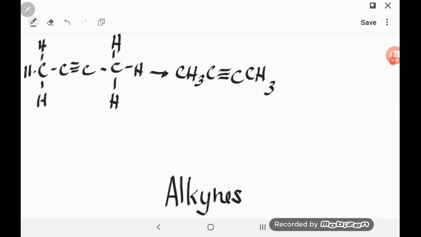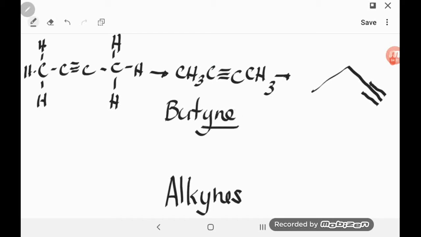And can also be written in its line form. That is the line form of the alkyne. Now this alkyne is called butyne.